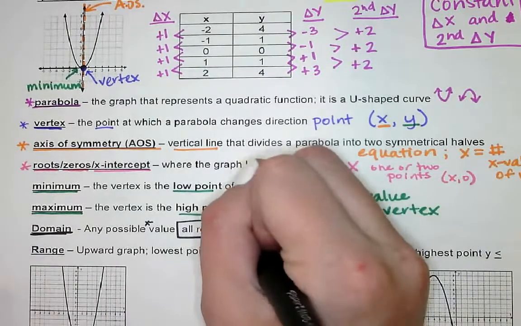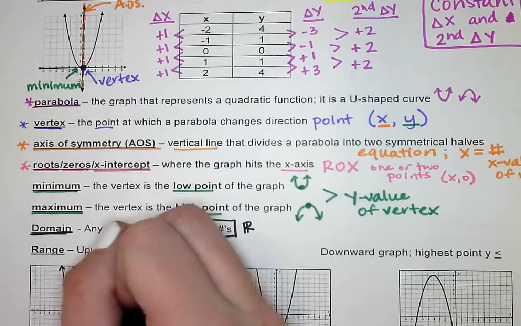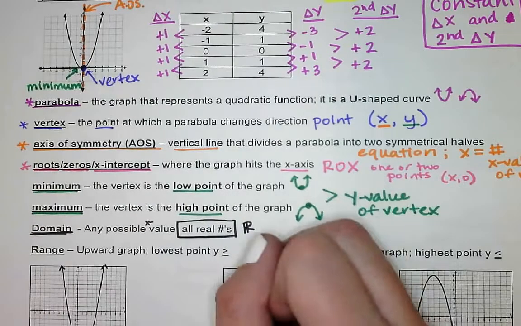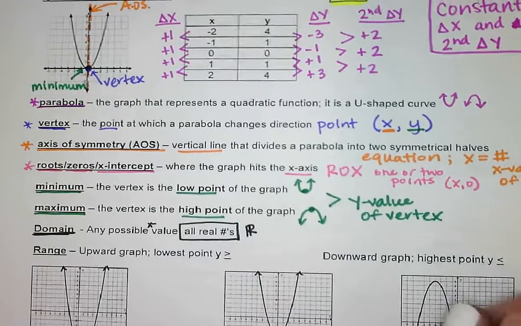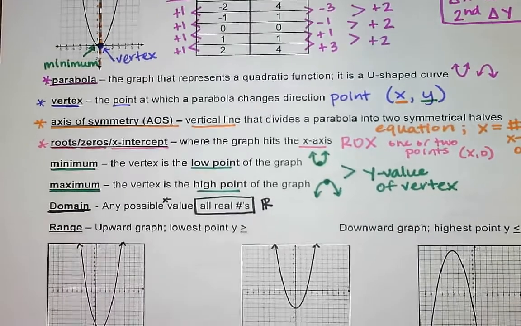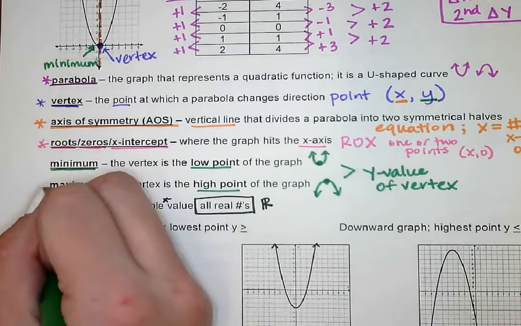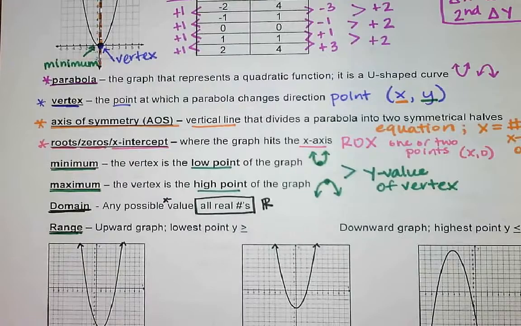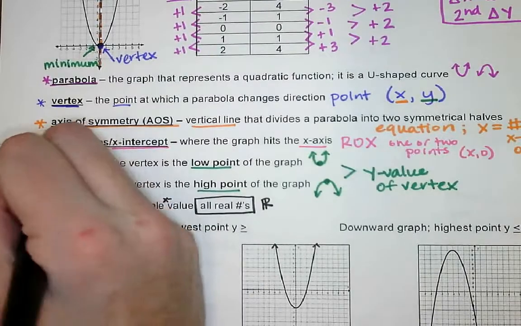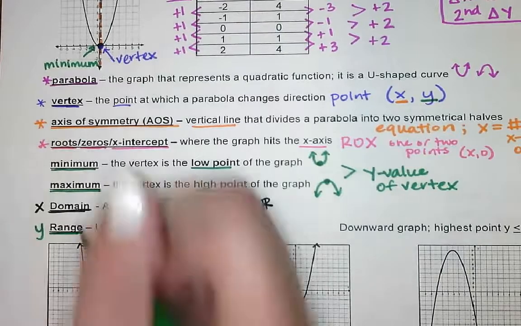For the following graphs, unless we have a specific point where it stops, it's going to be all real numbers. The one that you're going to have to pay attention to is the range, because remember, domains are your x values, range is your y values.